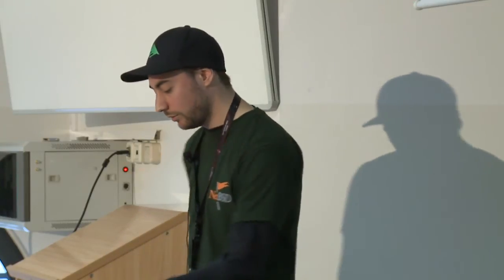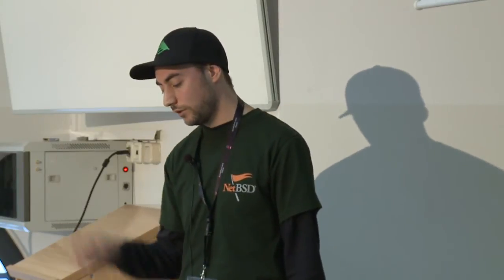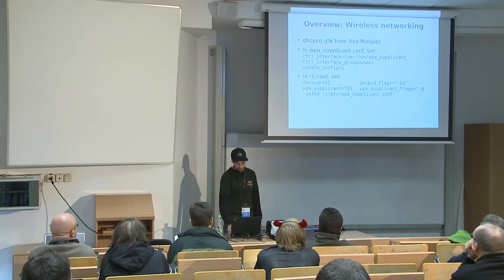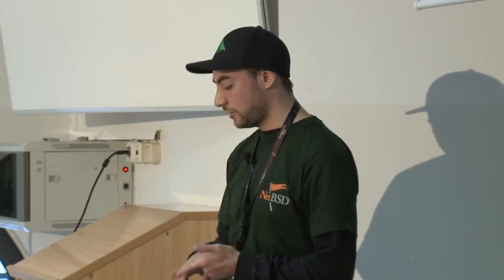So I cannot show anything, but you can basically enter WPA keys, choose which network you want to connect to, just with the finger and the virtual keyboard, which is also very neat, quite nice. And to set this up, you will need to start wpa_supplicant, to enable configuration updates inside the configuration file, and run dhcpcd, of course, this way.